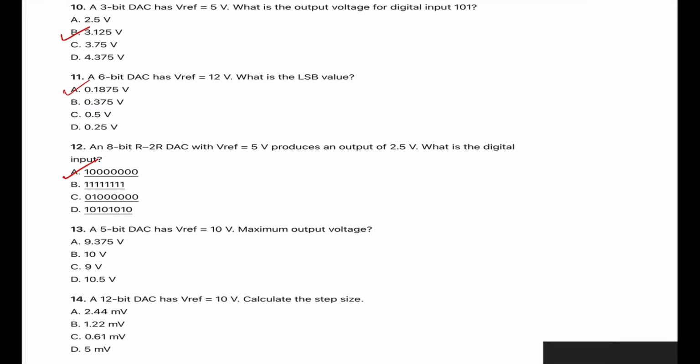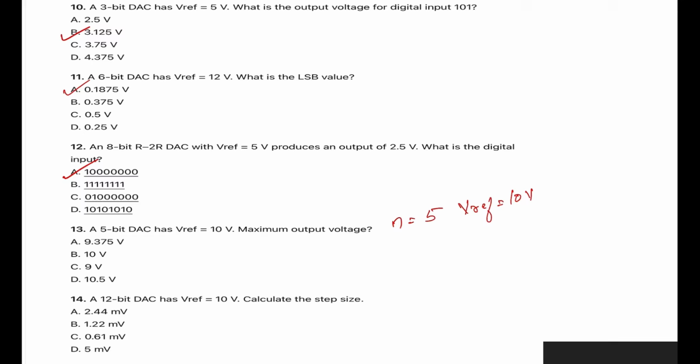Next question. A 5-bit DAC has V reference equal to 10 volt. The maximum output voltage: option A, 9.375 volt. Option B, 10 volt. Option C, 9 volt. Option D, 10.5 volt. Here the number of bits N is equal to 5 and V reference is equal to 10 volt.